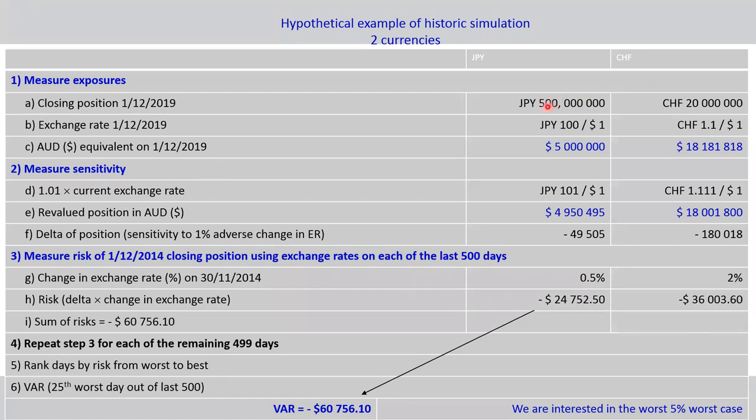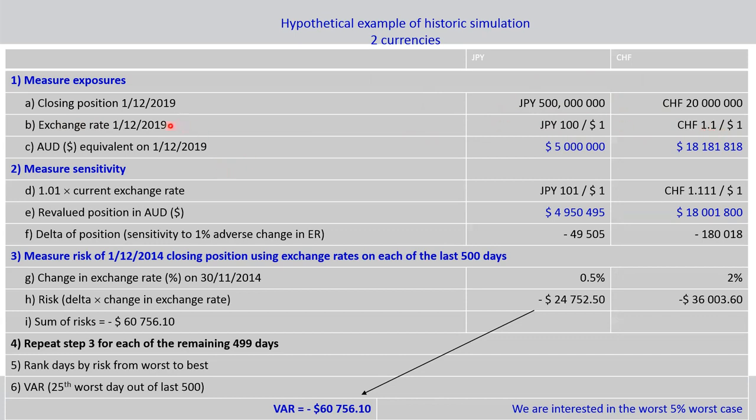Look, for example, here for the exchange rate, we have the Japanese yen. We have our investment. We have 500 million of Japanese yen, and we have 20 million of Swiss franc. And we are an Australian company. The exchange rate is $1 equals 100, and here, $1 equals 1.1.